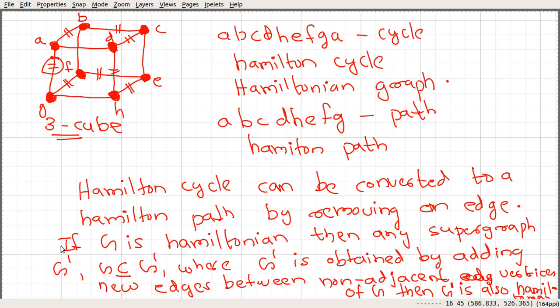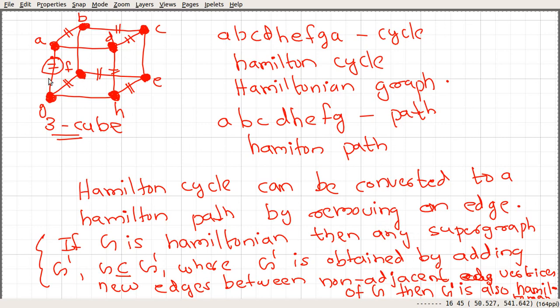So this is one important observation one should keep in mind. If we take any Hamiltonian graph G, then any supergraph, say G dash, obtained by adding edges between non-adjacent vertices in G, is also Hamiltonian.